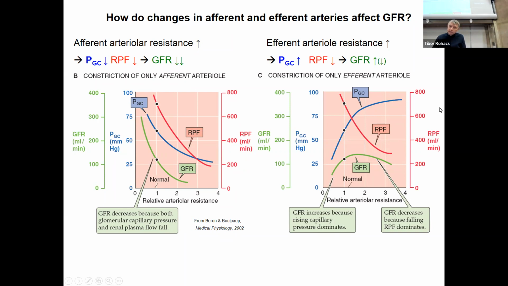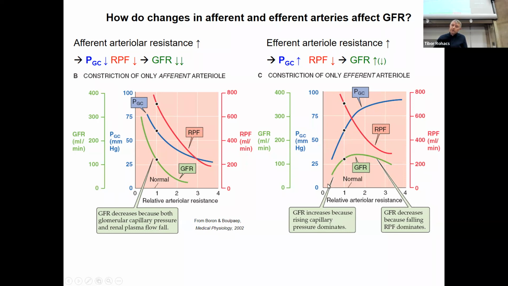As a consequence, your glomerular filtration rate will have this biphasic effect. It will first increase, because at the beginning the glomerular capillary pressure increase will dominate. But of course, if you constrict it a lot more, then at one point the renal plasma flow decrease will dominate, and eventually GFR could also decrease.